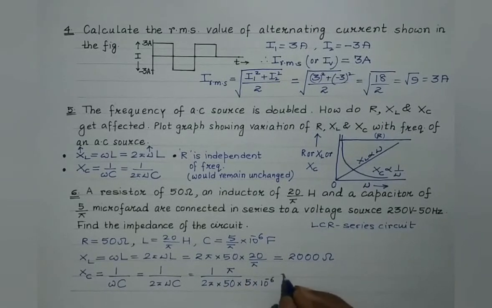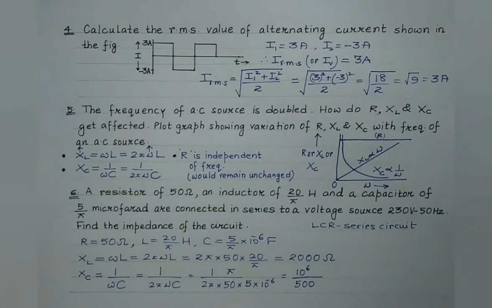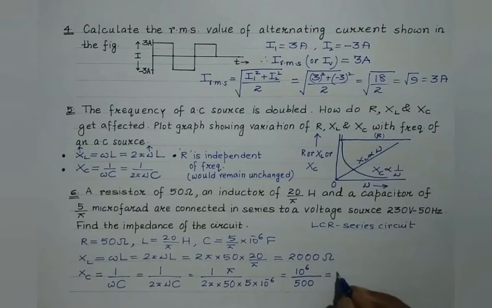Pi get cancelled. So what we get is 10 raised to 6 divided by 500. Isn't it? So that will give us 10 raised to 4 divided by 5. So it is again 2000 ohm.